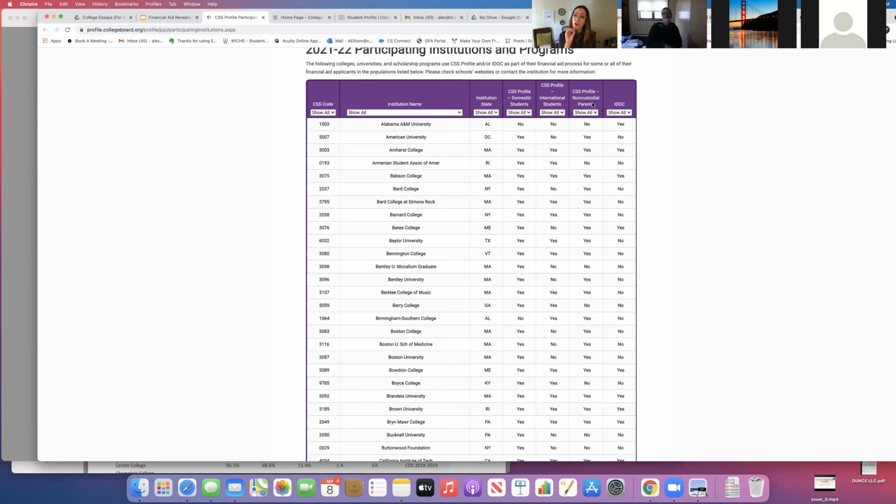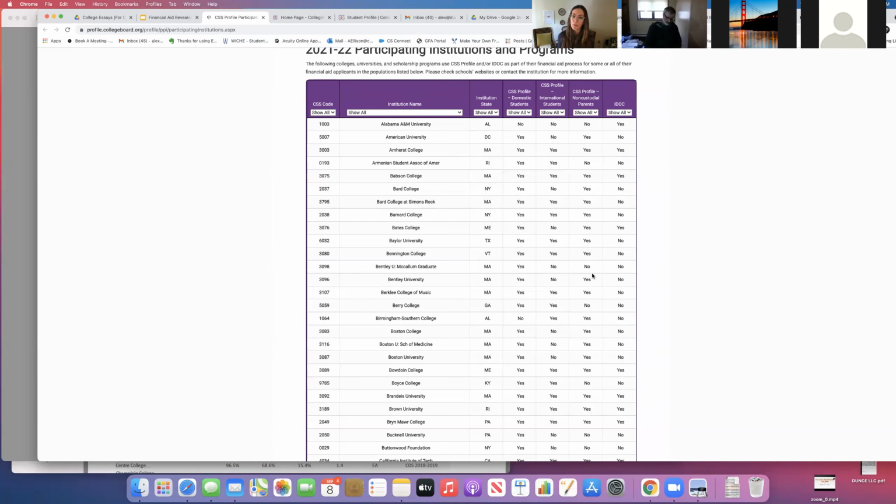In some cases, I've helped families actually apply for a waiver if parent B just really can't be tracked down. In that case, I can help you apply for a waiver with the university. But otherwise, if there's a yes here in this non-custodial parent column, the non-custodial parent, in the case of separation or divorce, has to complete a form.